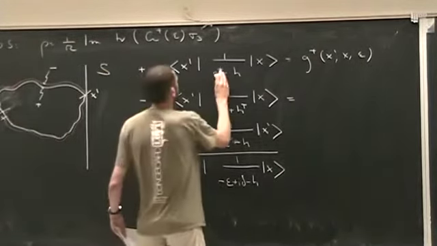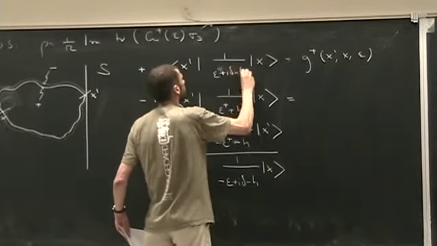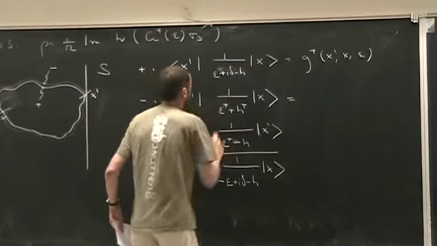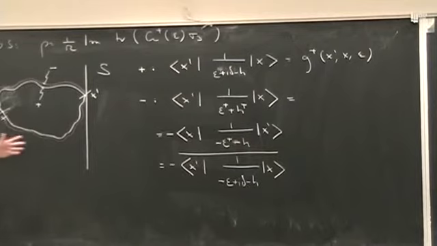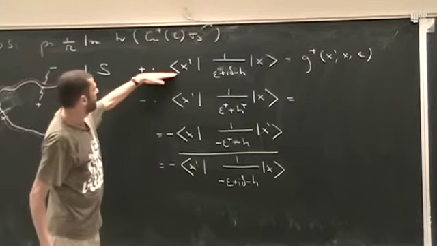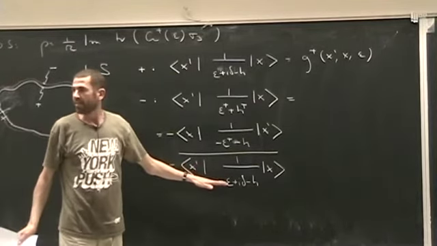And that here is epsilon plus i delta minus h. So this little calculation expresses what I just said in formulas. It means that the plus amplitude equals the complex conjugate of the minus amplitude.